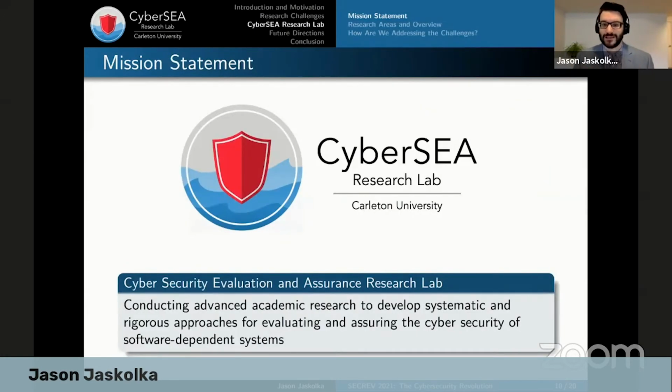So how are we addressing some of these challenges? At the Cybersecurity Evaluation and Assurance Research Lab at Carleton University, we're conducting advanced academic research aiming to develop systematic and rigorous approaches for evaluating and securing and assuring the security of software-dependent systems. This is our main mission.